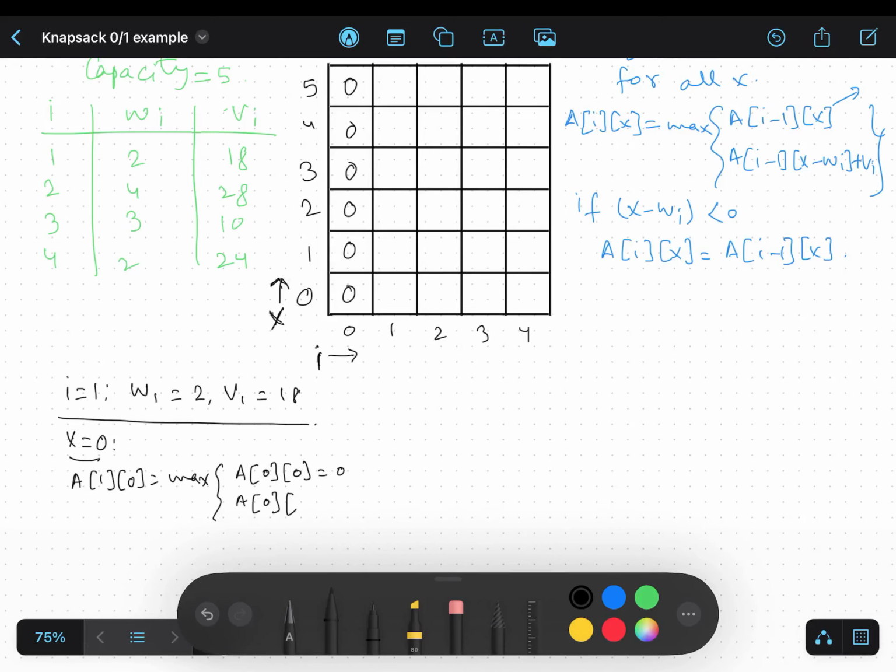So I is 1, which means 0 minus W1, which is 2, plus Vi, which means V1 is 18.